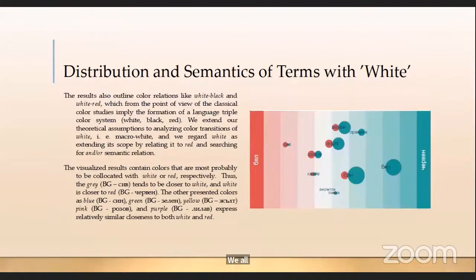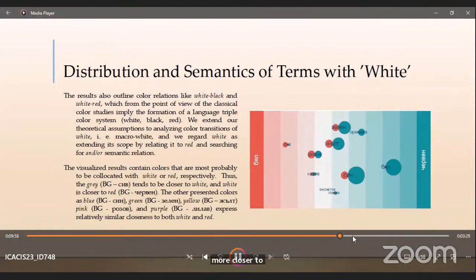Other terms which we have studied are the transition white-black and the transition white-red. We studied the transition white-red very carefully, and it is interesting that it gives results like gray, yellow, blue, green, etc., which are closer to red than to white.